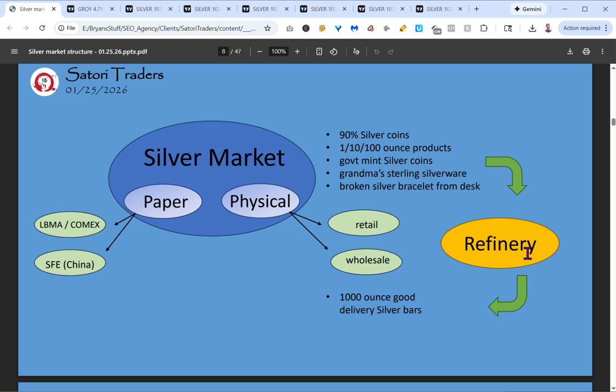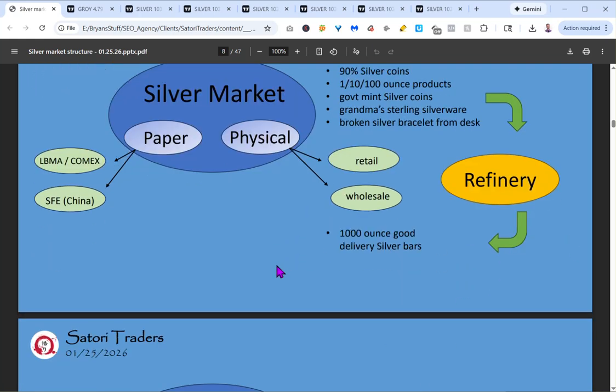Well, clearly there is a refinery involved, because we've got to take grandma's silverware and turn it into 3 nines, that's 0.999 pure silver, and there's a refinery involved in there.